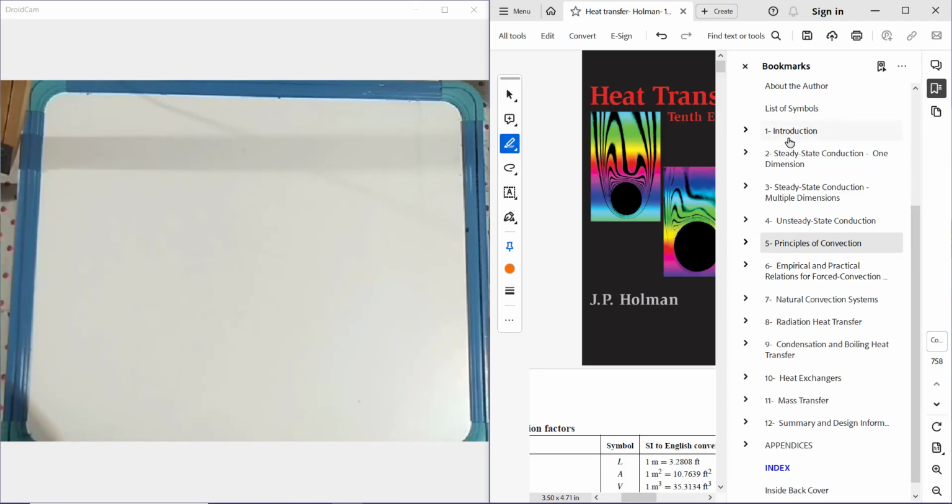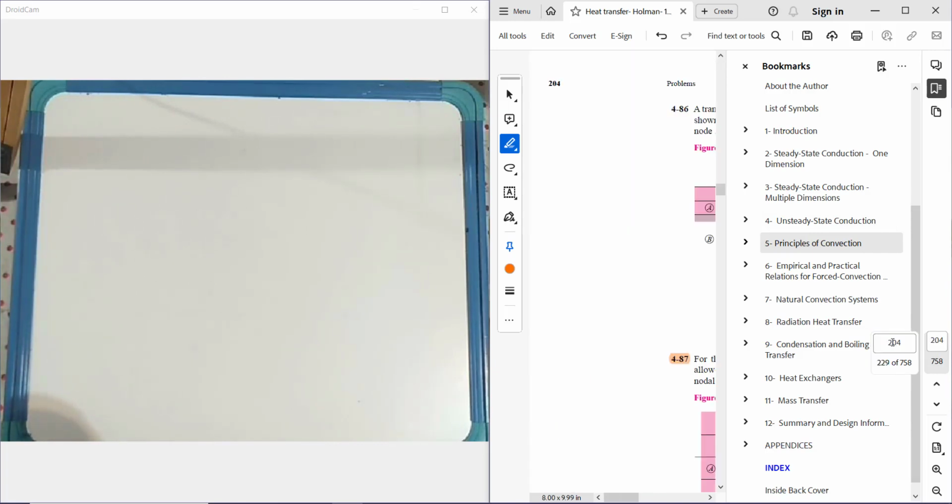The first chapter is introduction, second is steady state conduction in one dimension, and multiple dimensions are presented in chapter 3. Unsteady state conduction is in chapter 4, which we are working on. So let us go to our problem, page 204.